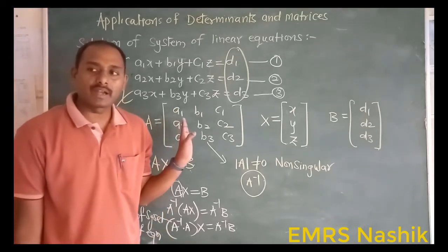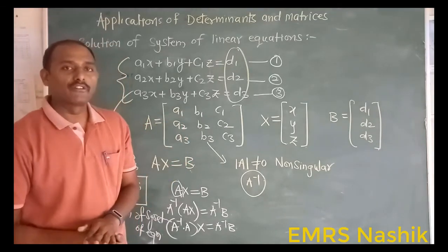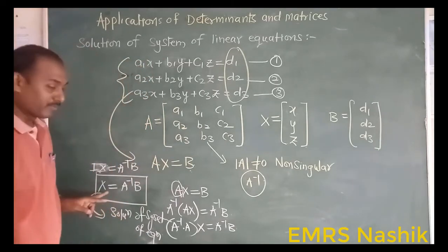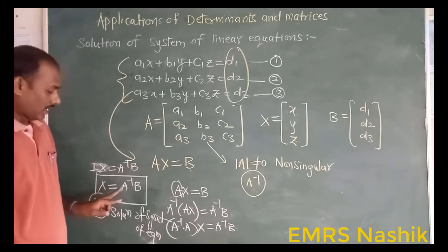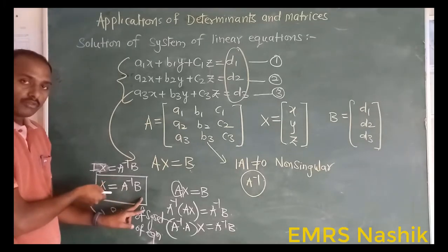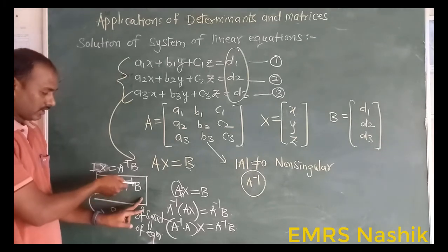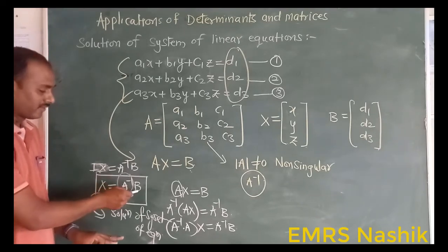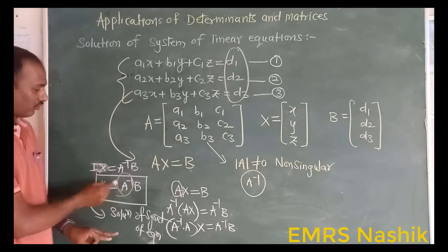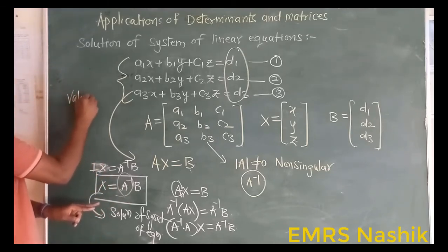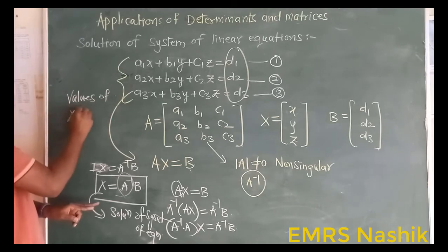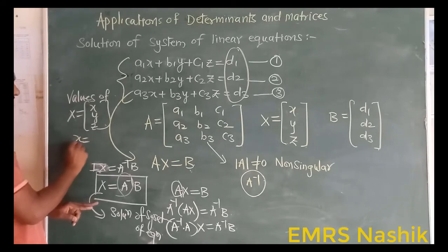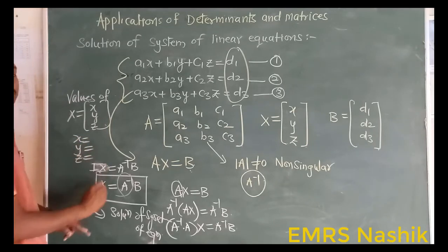So if your coefficient matrix is non-singular, then the solution of this system of linear equations can be found as X is equal to A inverse B. That means if we want to find the solution, first we need to calculate A inverse, and then multiply with B. Then you will get the values of X, which is the matrix x, y, z, meaning the value of x, value of y, and value of z.